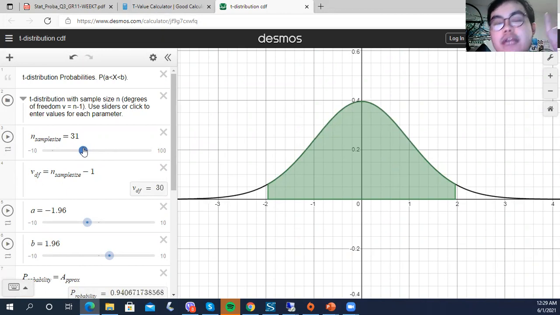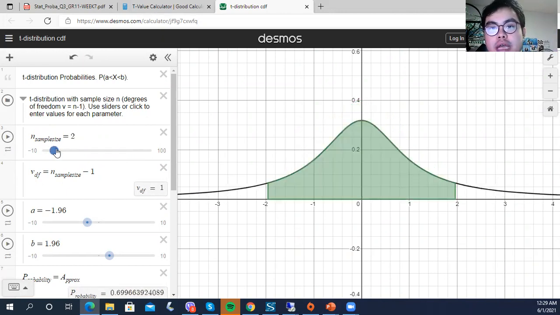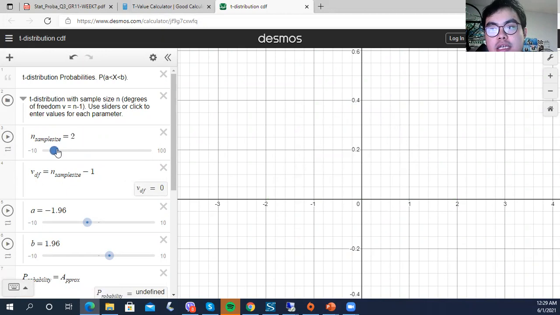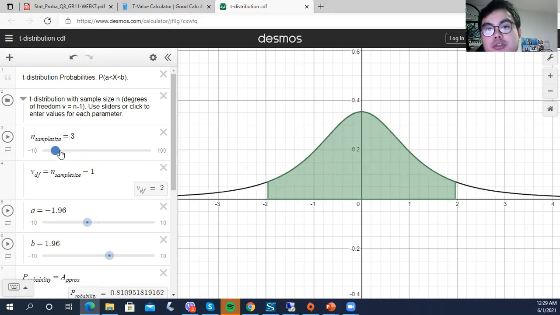If it's higher than 30, the graph becomes narrower, or higher. If we lower the sample size, then the peak becomes lower. It means that the standard deviation is higher and the curve has been widened.